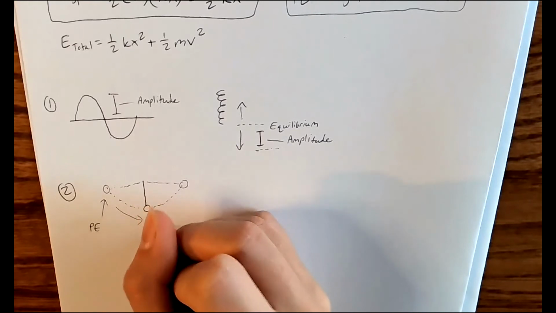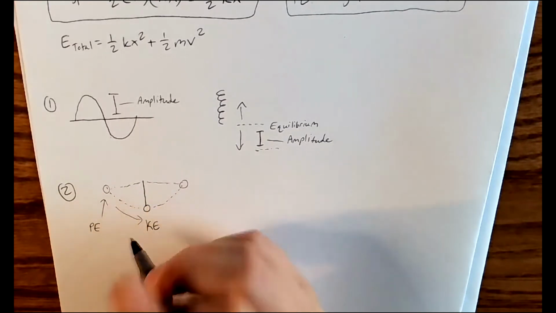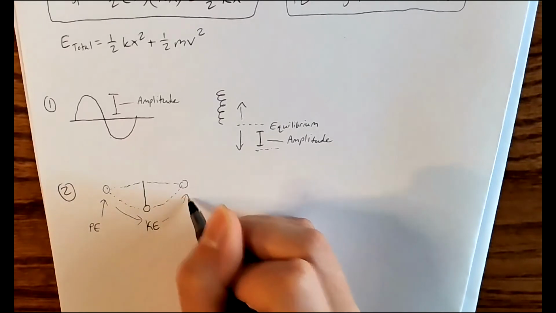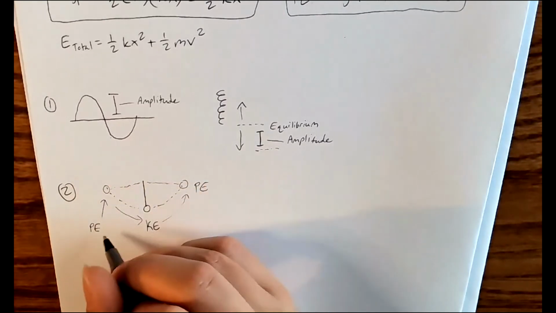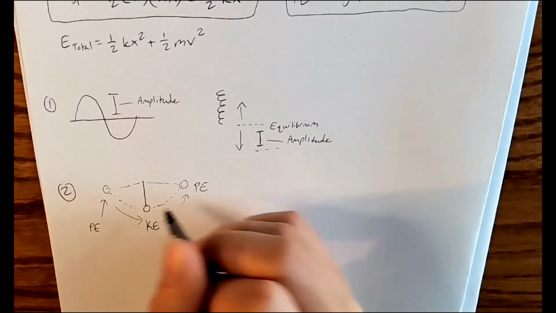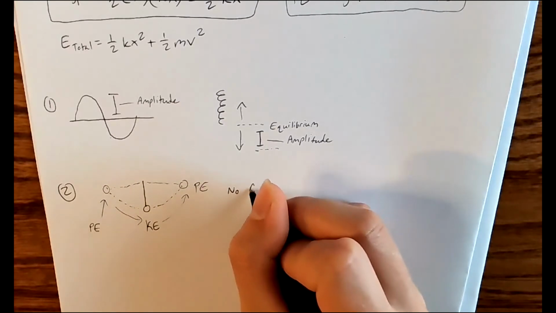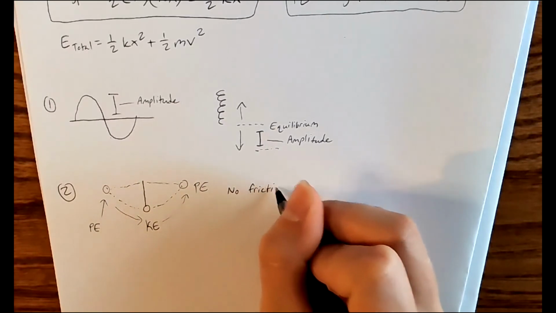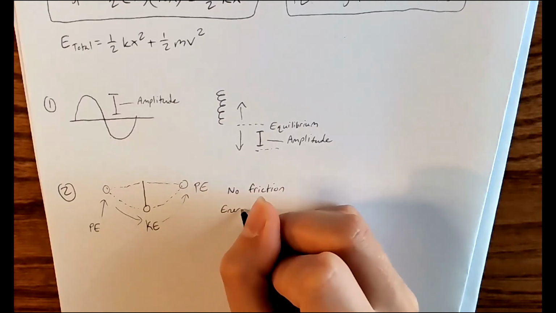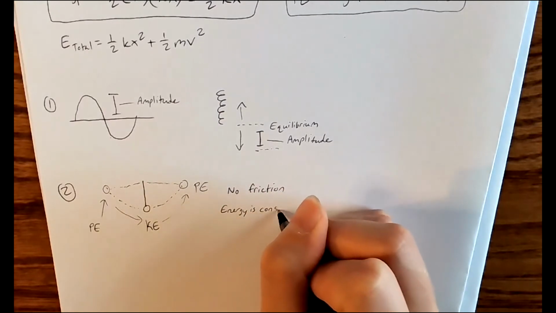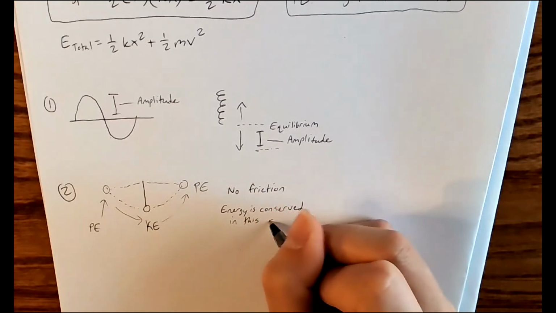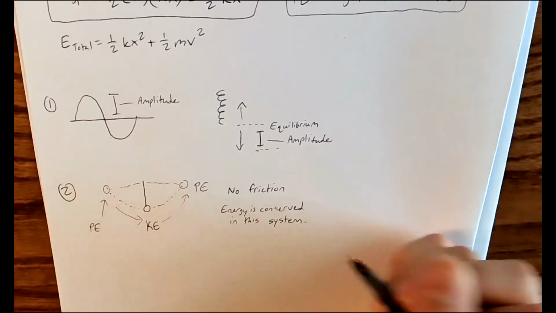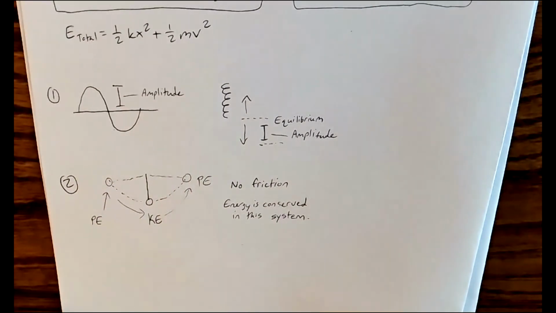All that energy is converted to kinetic energy, but it's the same amount. And then once you get back up to here, that's all potential energy again. But at all of the points, the energy is conserved when there is no friction. In this, energy is conserved in this system. Okay? Perfect.